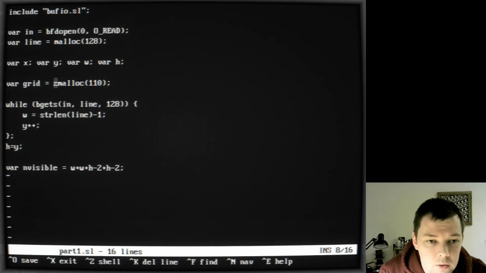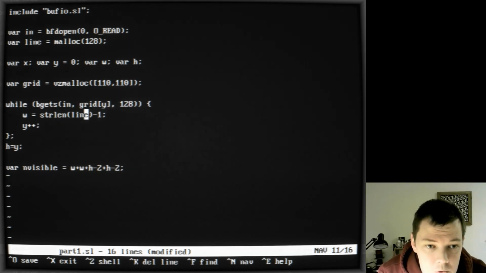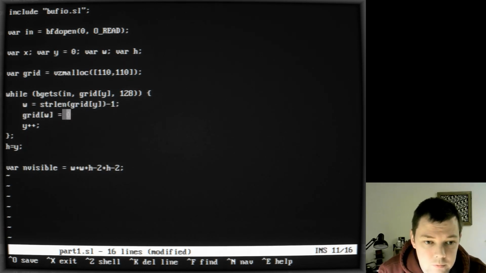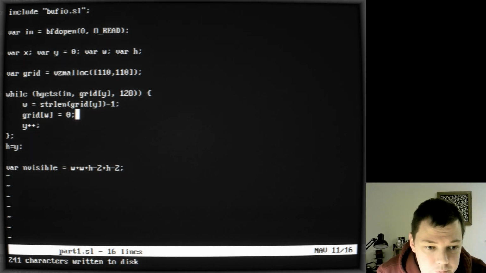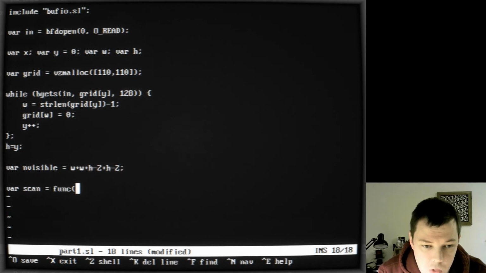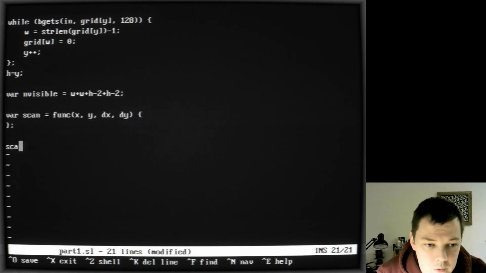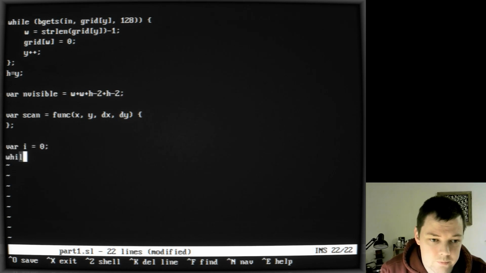So each line into grid Y. Probably don't need to support non-square grids, do we?